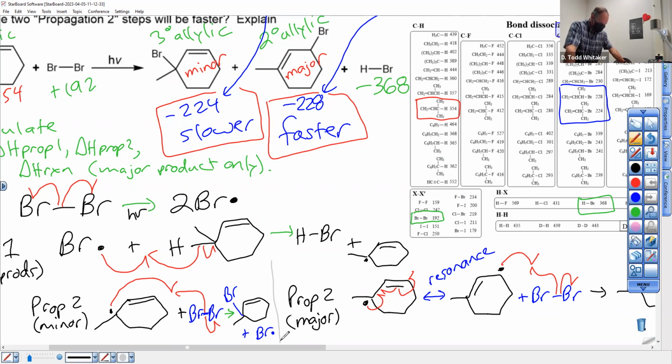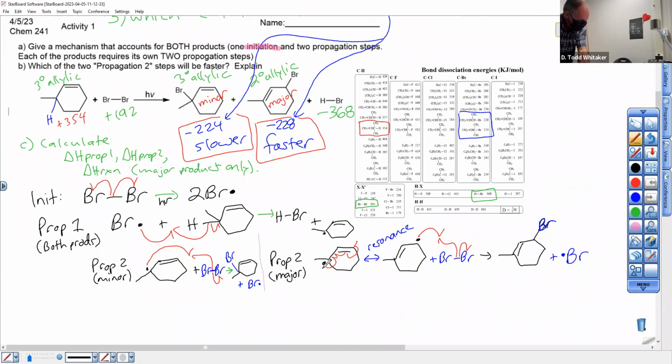Delta H, prop 1, prop 2. We got all the numbers we need on the screen if we shrink things just a little. Breaking the Br-CH bond is plus 354. What about making HBr? What kind of number do you get there? Negative 368.